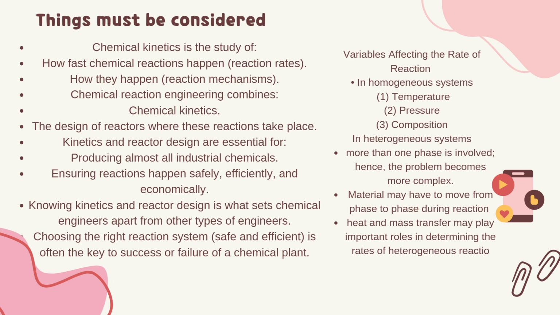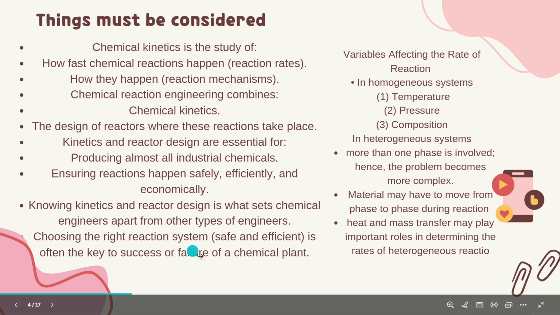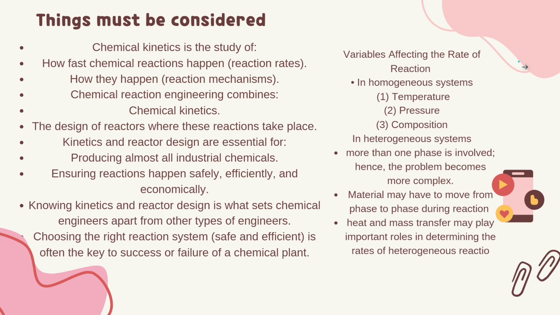Choosing the right reaction system, safe and efficient, is often the key to the success or failure of a chemical plant. The rate of a chemical reaction depends on certain variables. These variables can be different depending on whether the reaction happens in a single phase, homogeneous, or in multiple phases. In a homogeneous system: temperature, pressure, and composition.